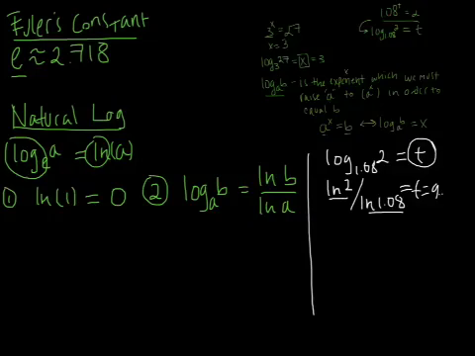Now, there's one last property that is important, and that is this. If you have the natural log of some number a to the x power, that is the same as x times the natural log of that number.